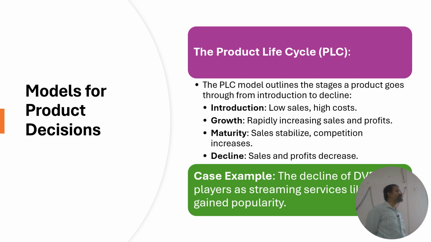And finally, there is a decline stage where sales and profit decrease. Every product, depending upon its features and quality, has a life cycle. Some products' life cycle is very short, often called failed products. Some products' life cycle is very long. The product will stay for quite some time.